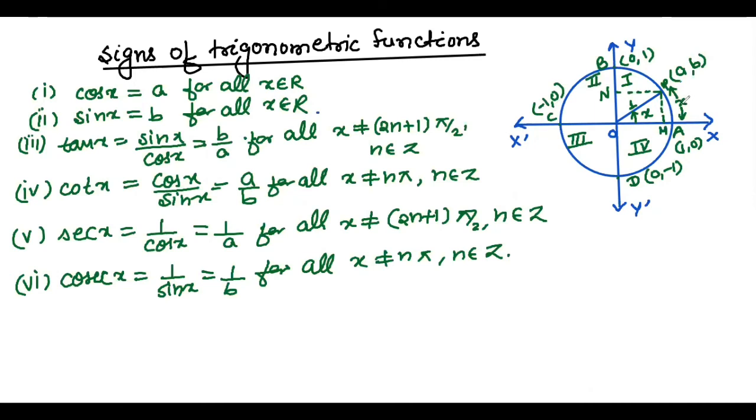So according to that, we can write here, in the first quadrant, a is greater than 0, b is greater than 0. In the second quadrant, a is less than 0, b is greater than 0. In the third quadrant, a is less than 0, b is less than 0. In the fourth quadrant, a is greater than 0 and b is less than 0. In the first quadrant, a is greater than 0, b is greater than 0.